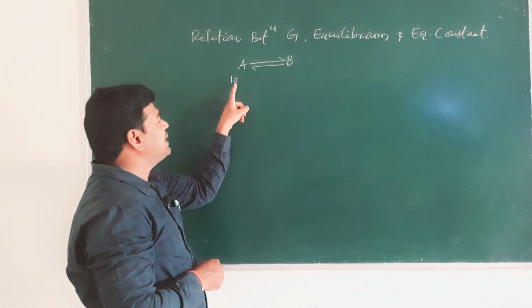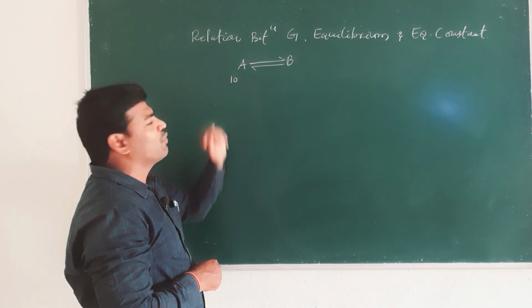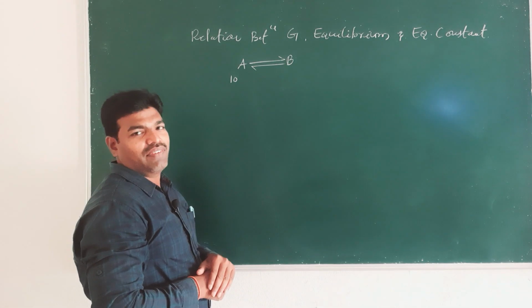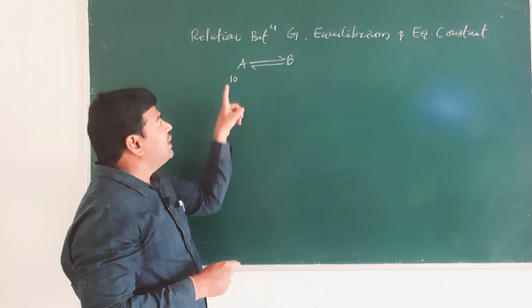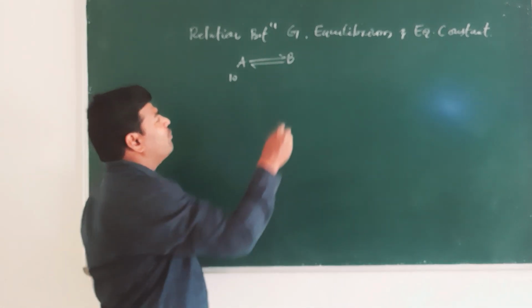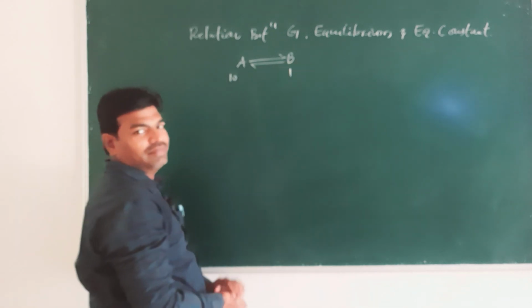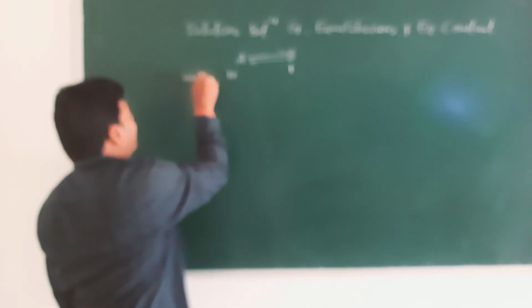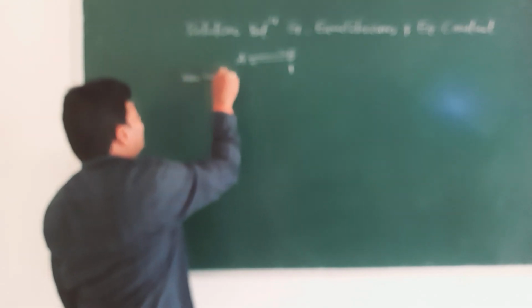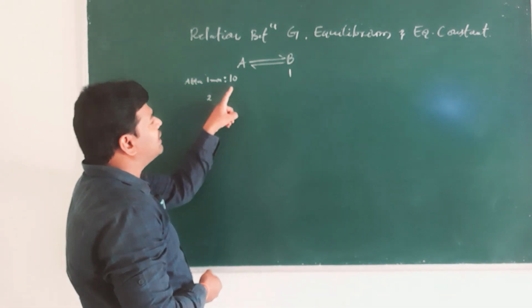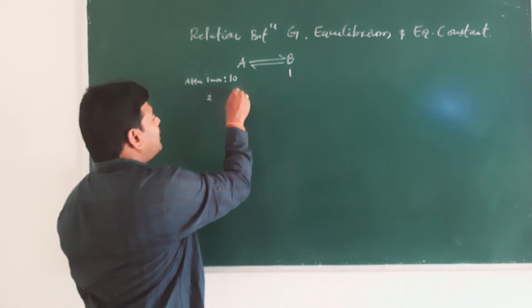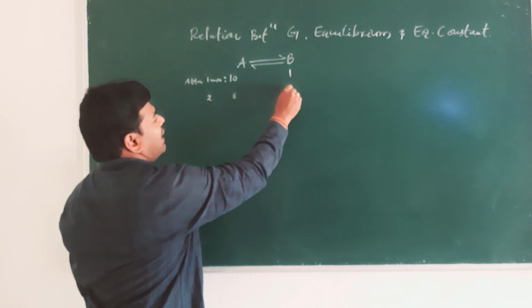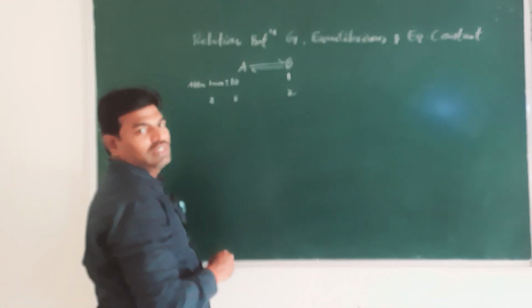After 1 minute, in this 10 moles of A, 1 mole of B is formed. After 2 minutes of reaction progress, A would become 8 and B would become 2.